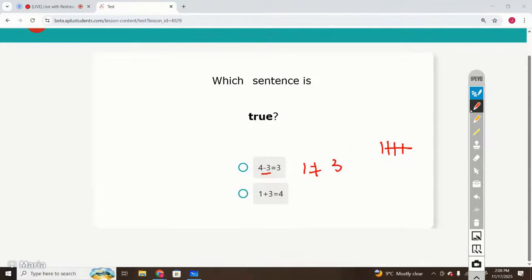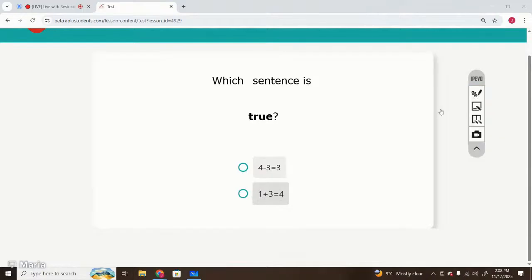So 1 is not equal to 3. Then 1 plus 3, 3 and 1, 4. So 4 is equal to 4. Option number 2 is the correct option. That is 1 plus 3 equals 4.